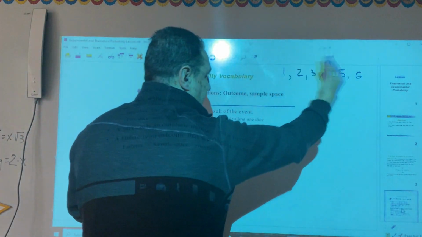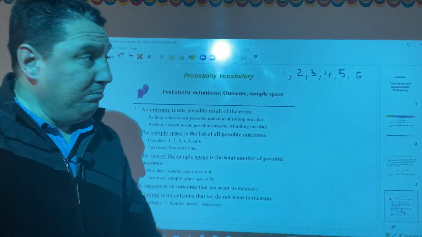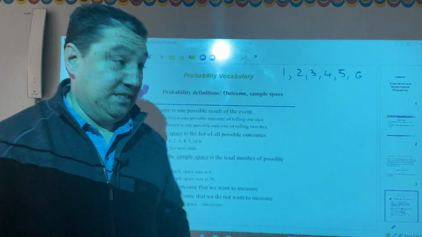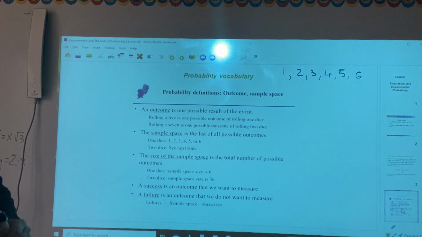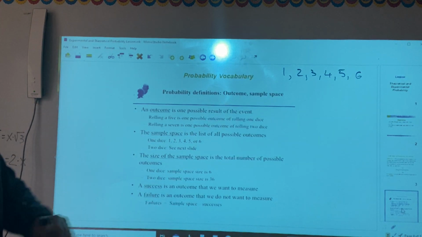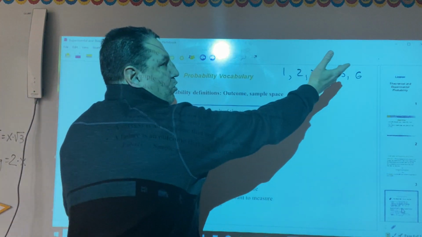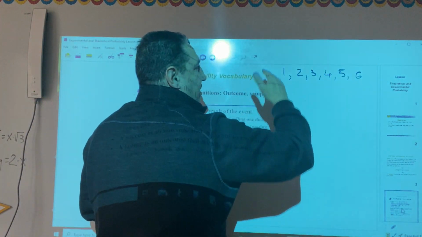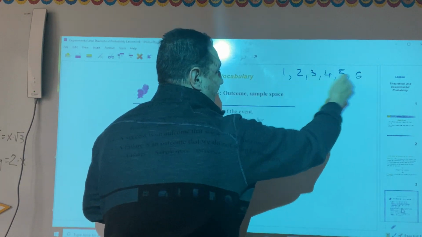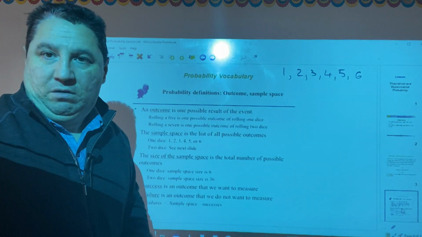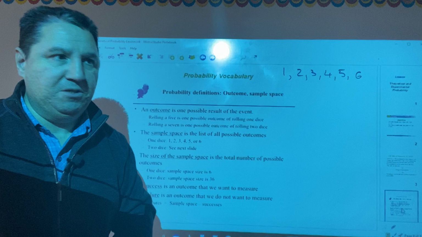Listing all of these possible outcomes means listing the sample space. Also, the size of the sample space is the total number of possible outcomes. All you need to do is count how many such outcomes there are. When you roll a dice, you'll have 6 possible outcomes. That's the size of the sample space.